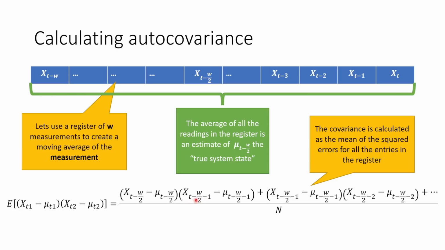So 5 and a bit seconds ago and the mean from 5 and a bit seconds ago. And we can work back. And this then allows us to calculate the covariance as the mean of the squared errors for all the entries in the register where we have an estimate of the true state. So all of the entries in the register before time t minus w over 2.